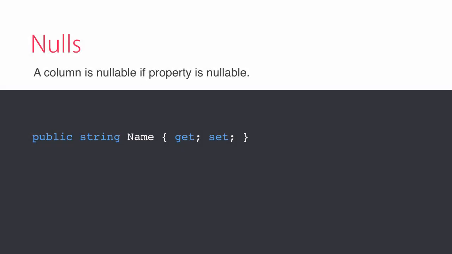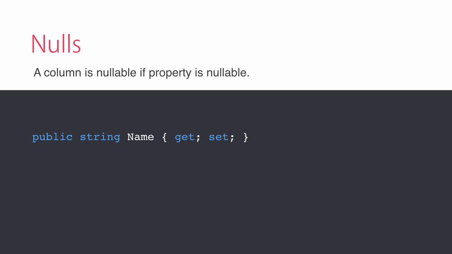Next, dealing with nulls. Entity Framework assumes if a property is nullable, it should be marked as nullable in the database as well, which is a fair assumption. Now in C#, strings are nullable, but this does not always work for us. Think of the Course class, for example. Every course must have a name.